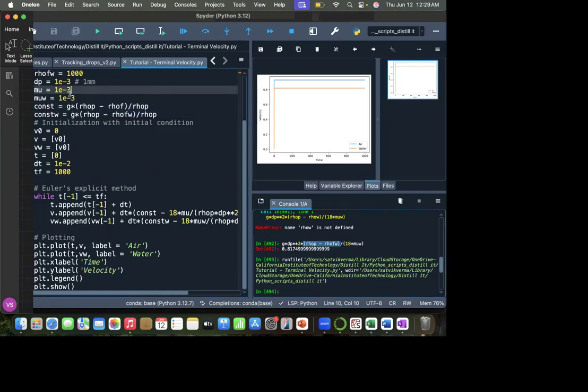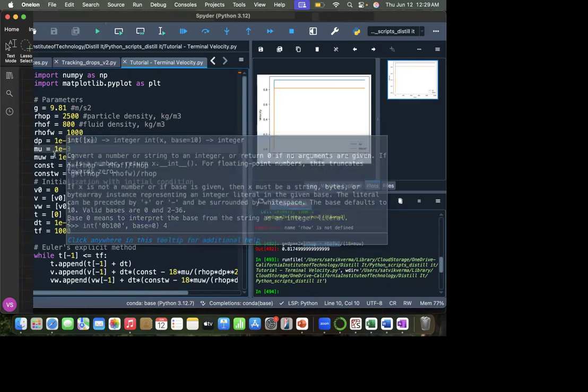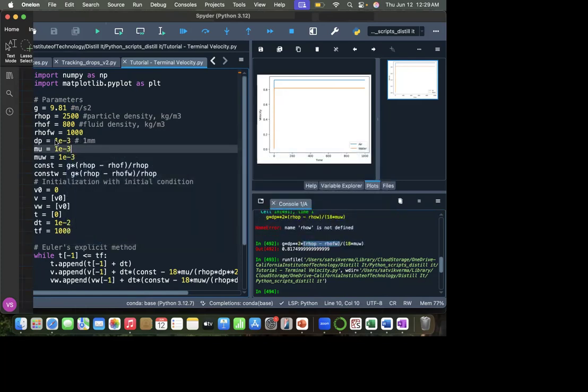That's one thing. Furthermore, we can do some other calculations, seeing, let's say, if we have a distribution of particles of various sizes. So let's say over here, we just consider one particle size of 1 mm. But let's say we have multiple particles from, let's say, 1 micron to 1 millimeter size.